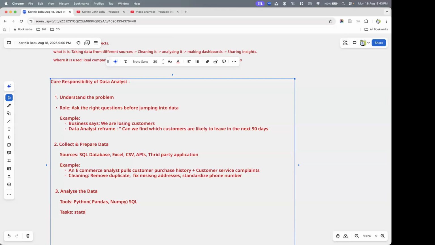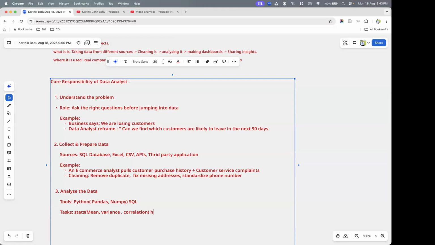What are the tasks that you need to do while you're analyzing the data? You need to do something called statistics. What is the stats? You need to find what is the mean value, what is the variance. Don't worry if you don't understand what is mean, variance, and correlation. At the time of coming to this topic, I will explain it to you with a beautiful, simple example.